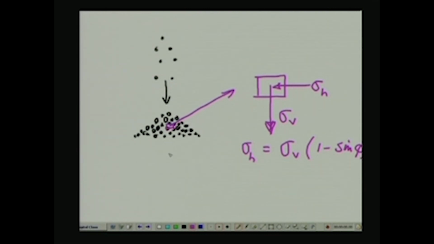As a result, this type of soil generally behaves in a much stronger manner if it is subjected to a deformation process in the vertical direction than in the horizontal direction, and such a behavior is called anisotropic stress-strain behavior.